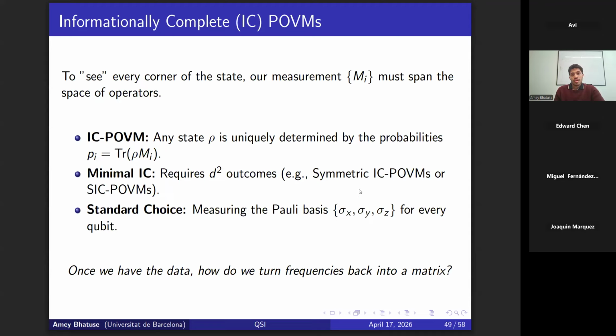Another standard choice is to just use the Pauli basis for every qubit. Now, once we have the data, how do we turn these frequencies back into a matrix? You did your measurements, you have your probabilities. How do we turn them back into a matrix?